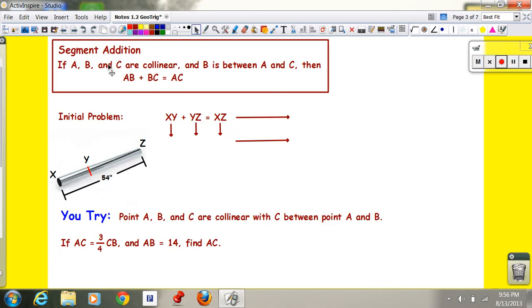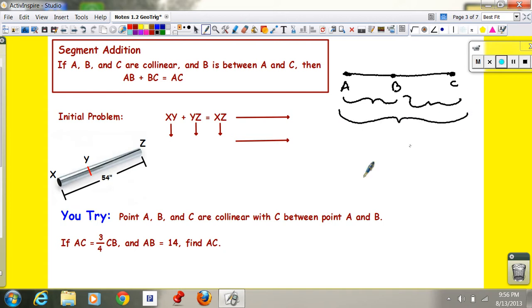Now the segment addition postulate basically says this. If A, B, and C are collinear, and we talked about collinear yesterday, collinear means they're all on the same line. So if I was to draw a picture with A, B, and C on it, if I've got A and B is between A and C, here's B, and here's C. If they're collinear and B is between A and C, then this piece right here, AB, plus this piece, BC, is going to equal the whole thing, AC.